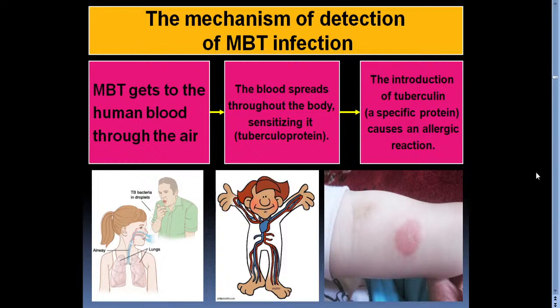The mechanism of detection of Mycobacterium of tuberculosis infection. Mycobacterium of tuberculosis gets into the human blood through the air. The airborne way is the most frequent.